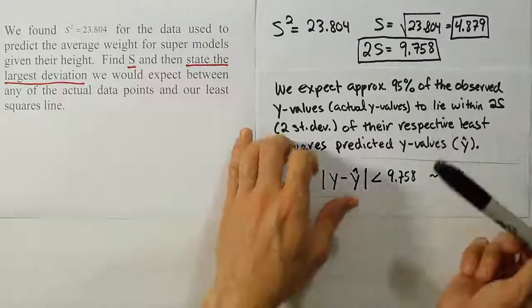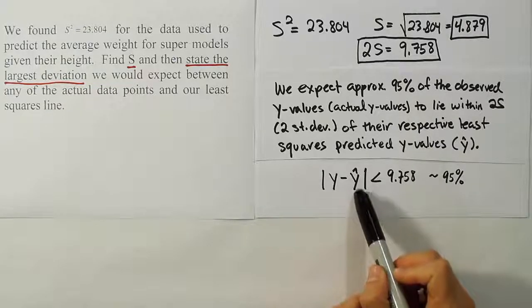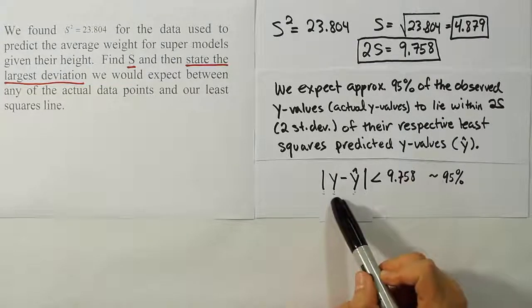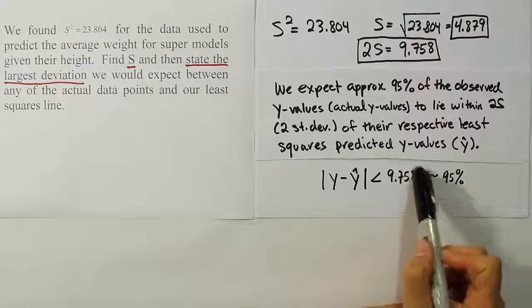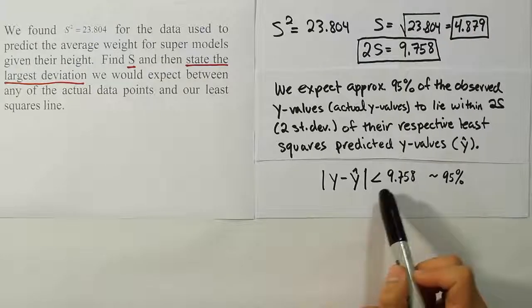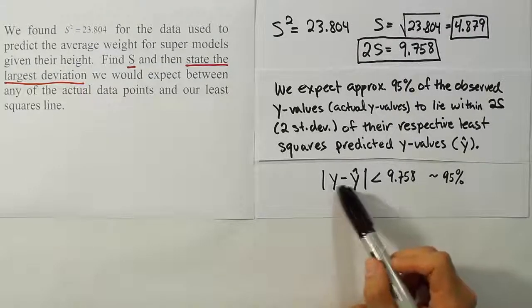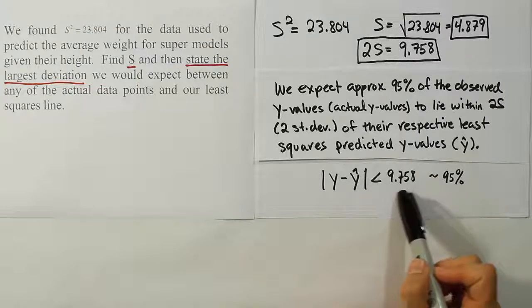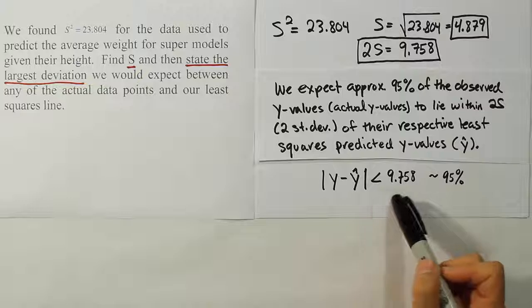So in that case, the difference between what you think the actual value will be versus what it really is in reality should be within twice the standard deviation. So in this problem, we expect that the absolute value of the error terms is generally something less than 9.7. It basically gives us an idea of how far we'll miss the mark.